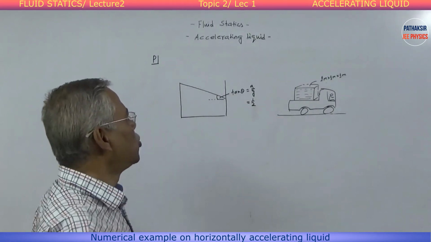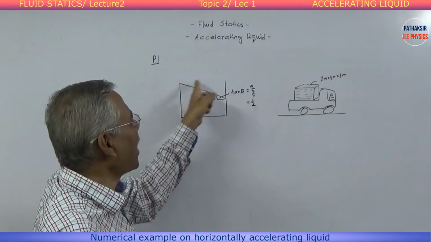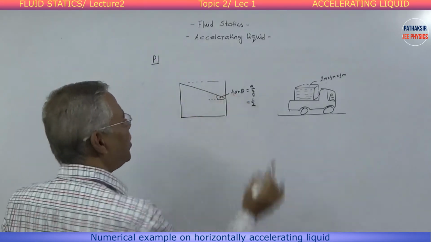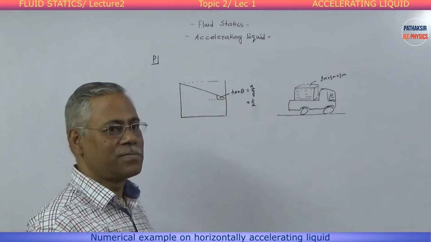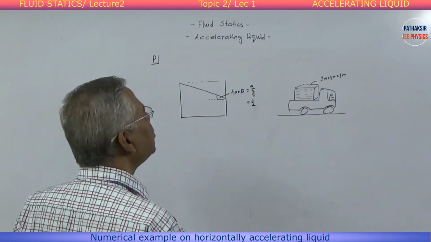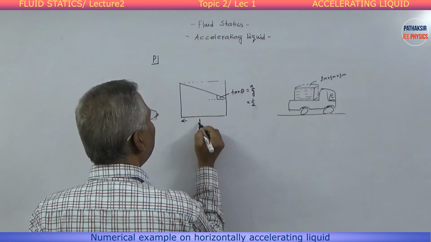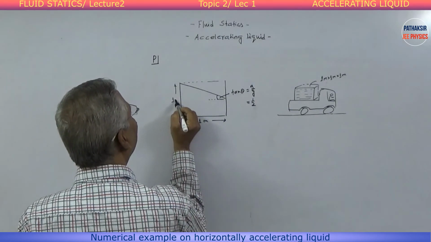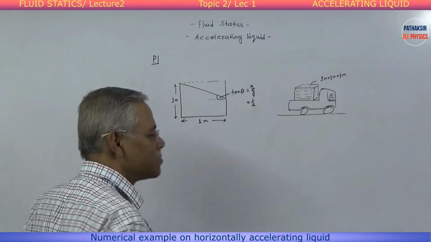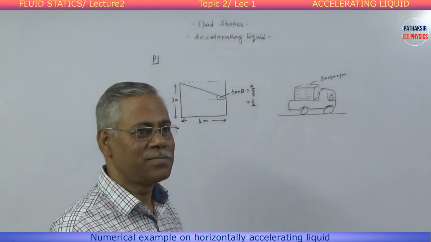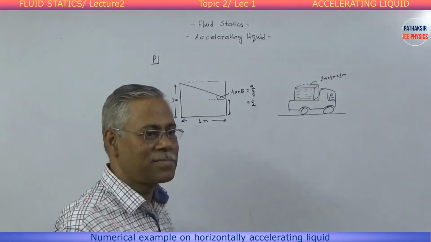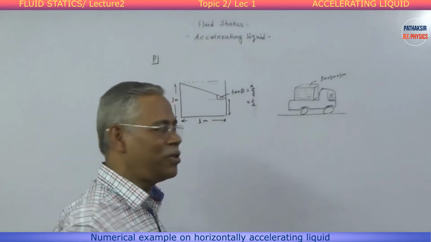Half. So now how much liquid? When you calculate the volume of this portion, you have to subtract this. This is known to you, 1 meter. This is known to you, 1 meter. You can easily calculate this because the angle is known.